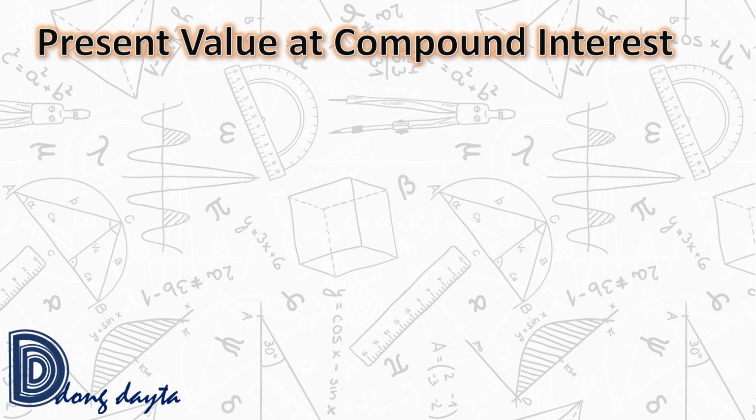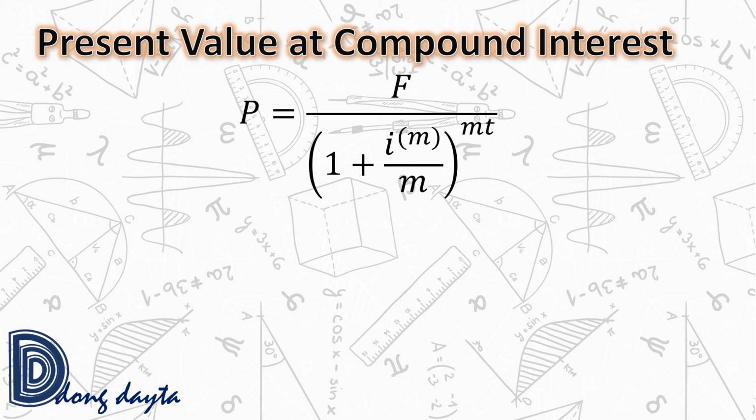This time, let us have present value at compound interest. So derived from the formula for future value, dividing both sides by quantity 1 plus i superscript m over m close quantity raised to mp, we will get the formula for the present value, that is equal to F divided by parenthesis 1 plus i superscript m over m close parenthesis raised to mp.